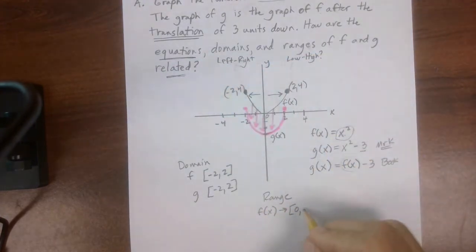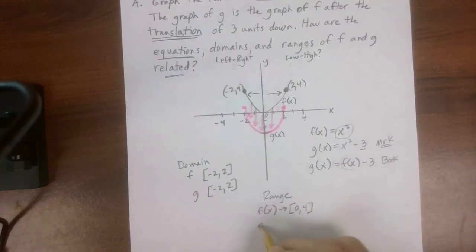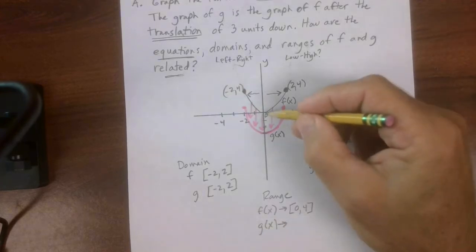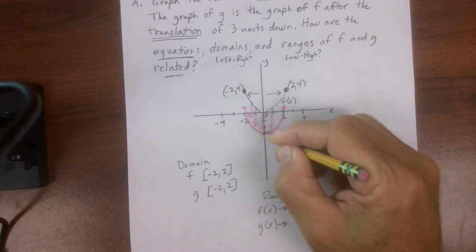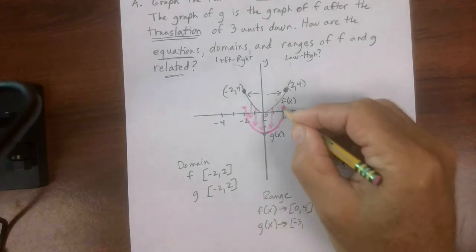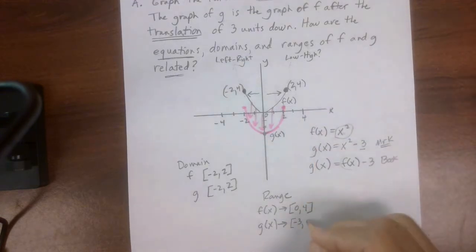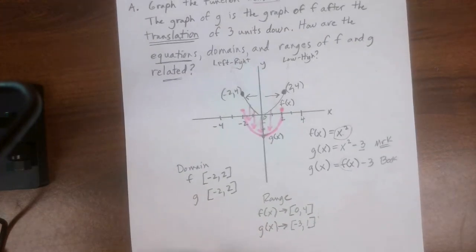So how high does it go? 4. Now, what about g of x? Well, that range, because it dropped down 3 units, notice, now the lowest point is -3. The highest point is up 1. So that's a fancy way of just saying, hey, the range changed. G of x went down 3. That's a fancy way of saying it. Okay? That's it for example 1.